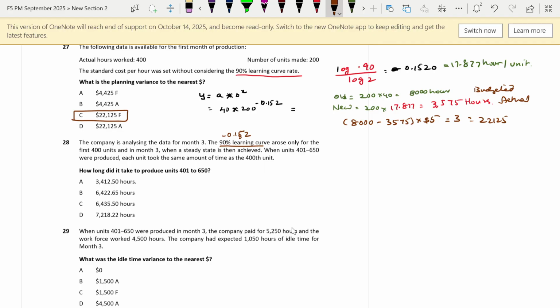The company is analyzing the data for month 3. The 90% learning curve arose only for the first 400 units, and in month 3 a steady rate is then achieved when units 401 to 650 were produced, each unit taking the same amount of time.